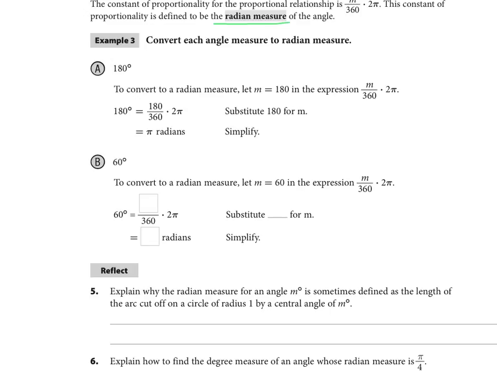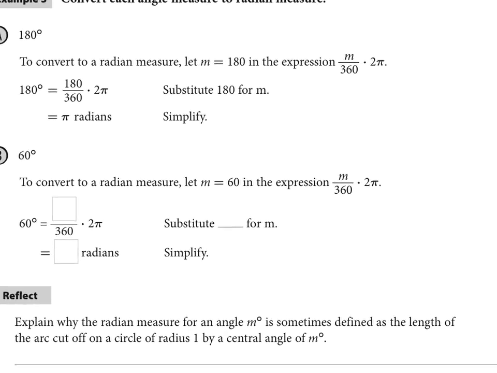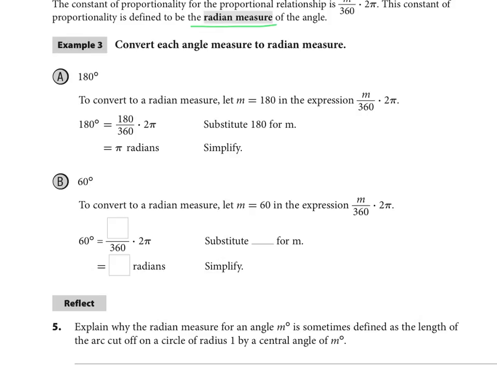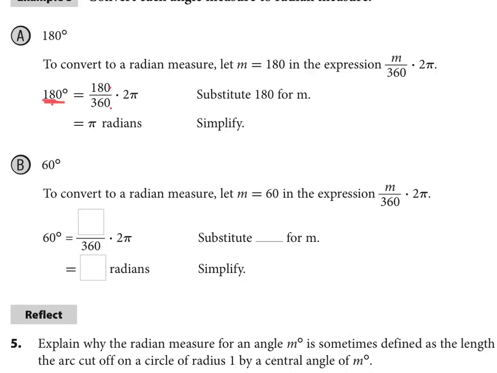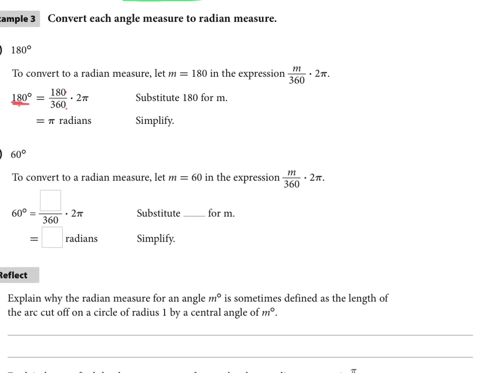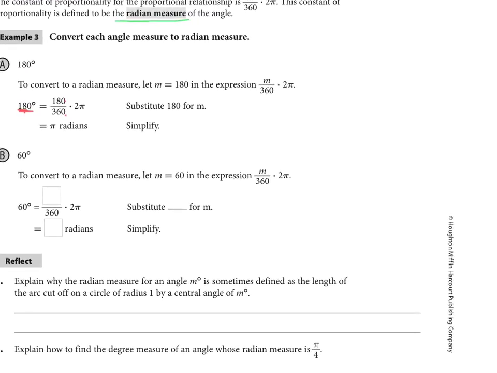So if you just look at A, to go from degrees to radians, you're putting the degree over 360, and then you're multiplying it by 2 pi. And so when we do 60, we're going to say 60 degrees equals 60 over 360 times 2 pi.